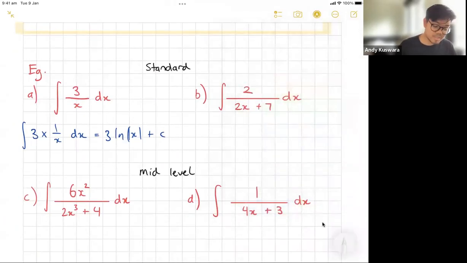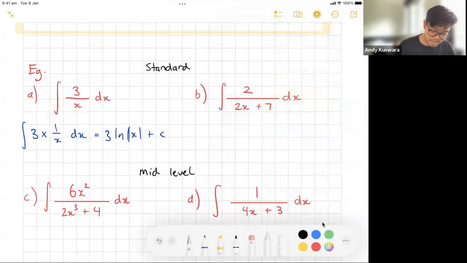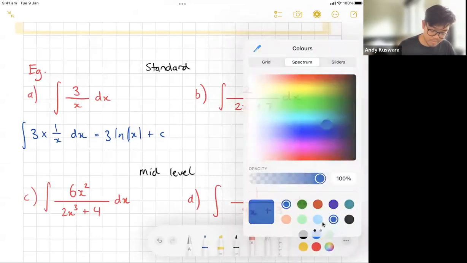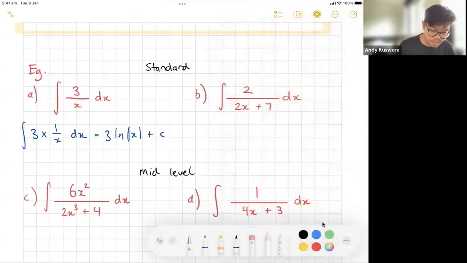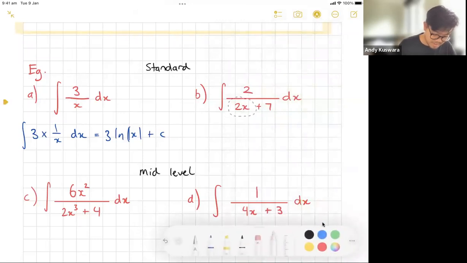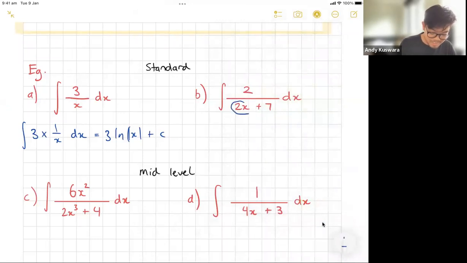Okay, for this one here, let's take a look. Slightly different. We've got different numbers, but if we look at the bottom here, your function, if f(x) equals 2x plus 7, what's your f dash x?